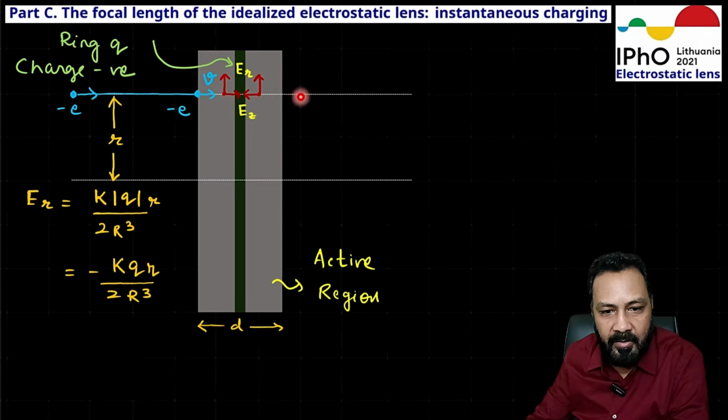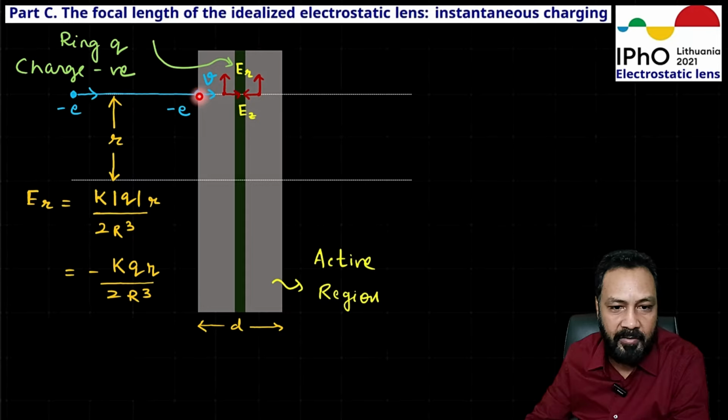But as it comes here, it will have a downward component of velocity. Because of this Ez, the electric force would be in this direction, so it will first reduce the speed in the Z direction, but this part, this component, will apply force on the right side, so that will increase.